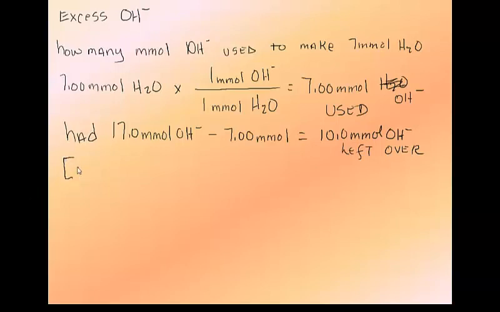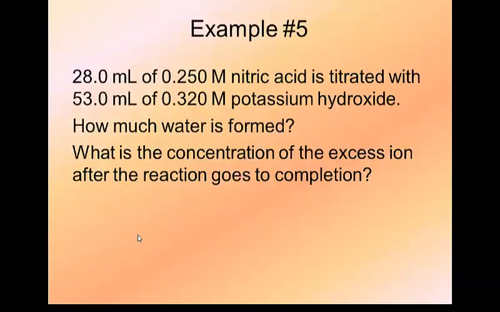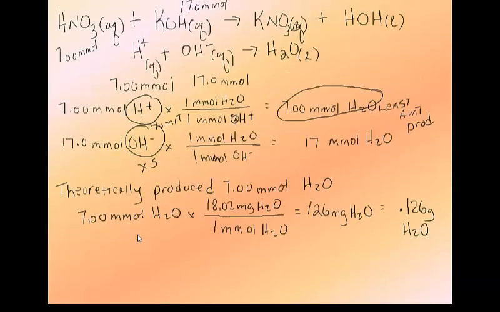So the concentration of the hydroxide is going to be 10 millimoles over a total volume of 81. And that gives me 0.210. My hydrogen's nice and simple, gone. My nitrate, which is a spectator ion, the number of moles of nitrate is going to be 7 also.